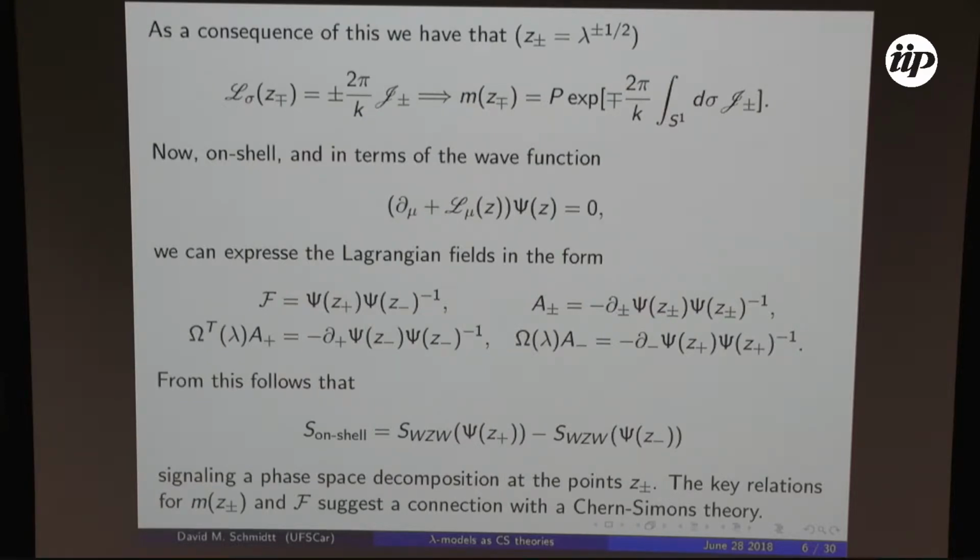The F is a key relation that allows me to ask if there is a possibility to relate this theory with a Chern-Simons theory, in the same way a chiral Wess-Zumino-Witten model can be related with a Chern-Simons theory. This was done by Witten in the 80s. So the idea now is to study if this situation also holds in this setting.